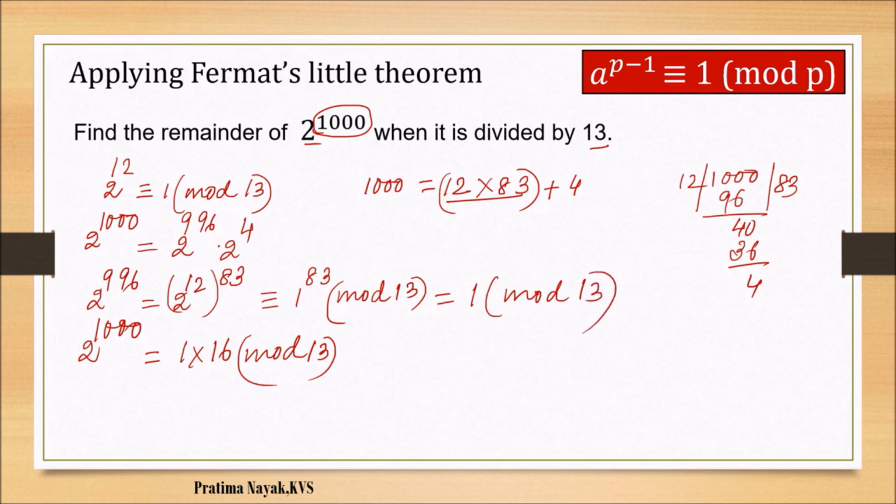Now 16 modulo 13 means when you divide 16 by 13, we get remainder 3. So the answer is 3. So the remainder is 3.